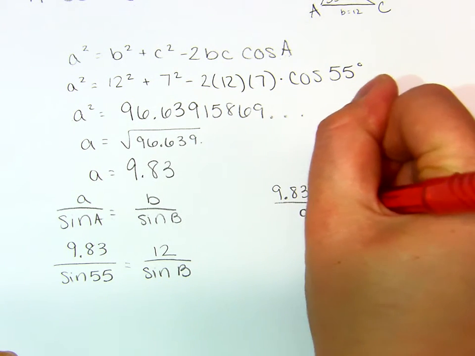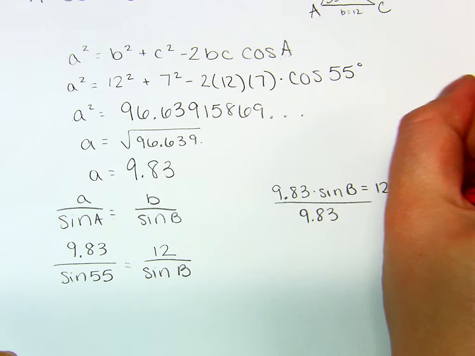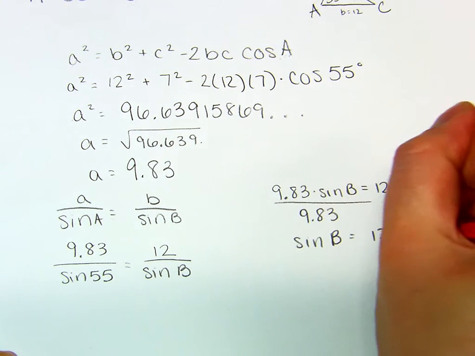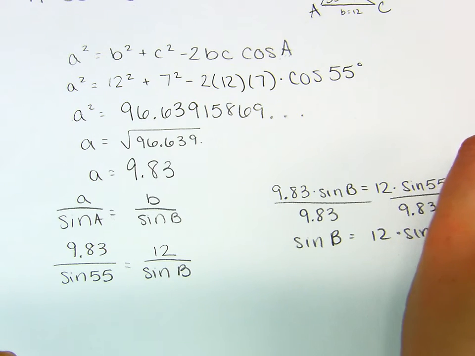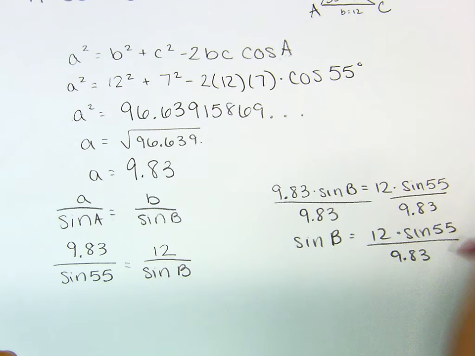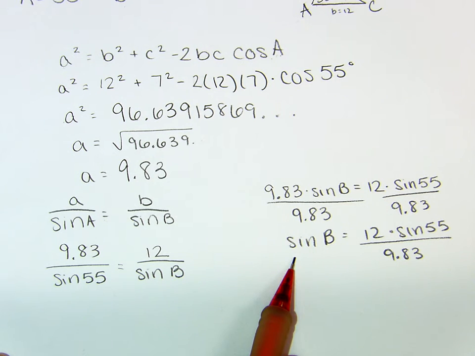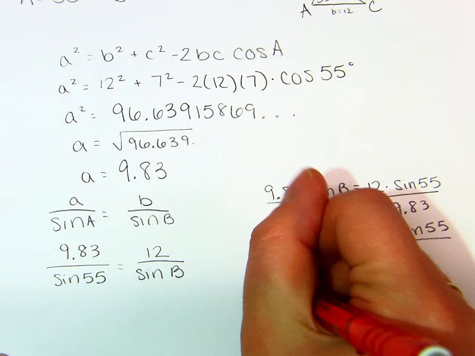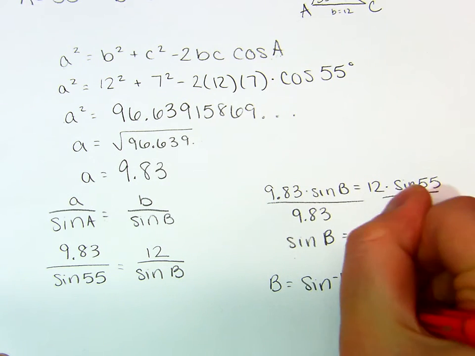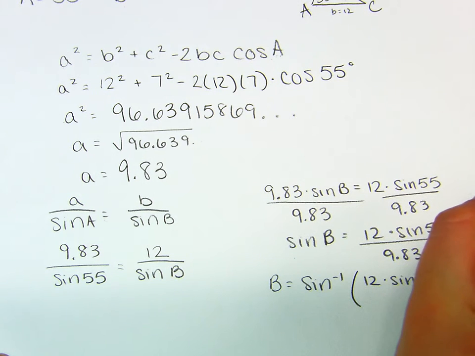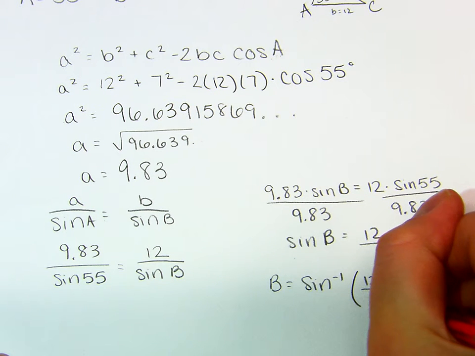Divide by 9.83. So I get the sine of B is equal to 12 times the sine of 55 divided by 9.83. And if you remember, to get rid of a sine, you have to do sine inverse to get that angle. So B would equal the sine inverse of 12 times the sine of 55 divided by 9.83.